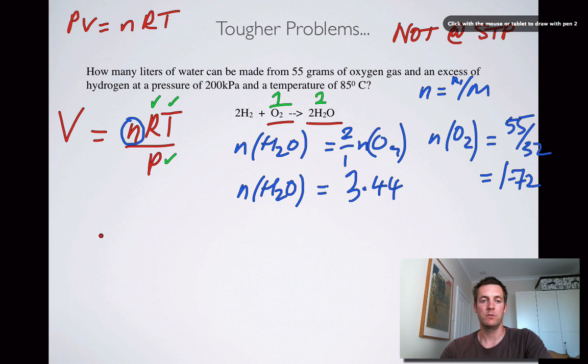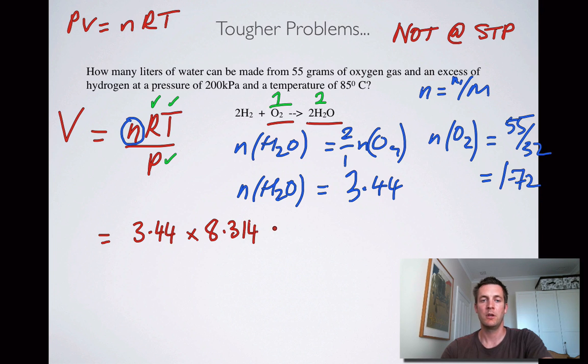So volume is going to be 3.44 multiplied by 8.314 multiplied by that there plus 273.15. So that's 358.15 Kelvin.